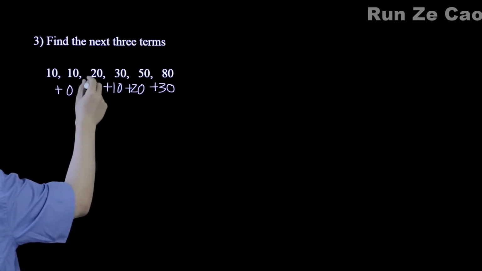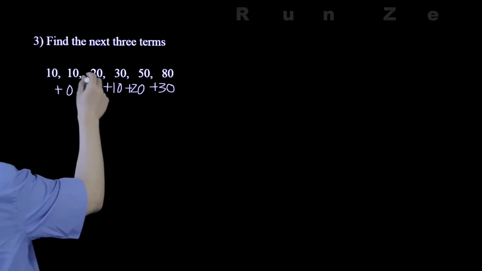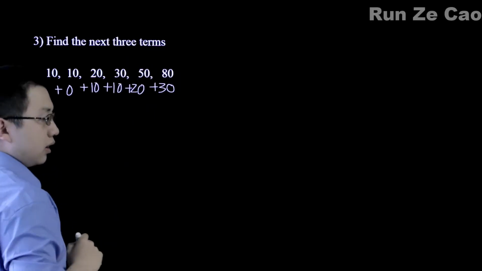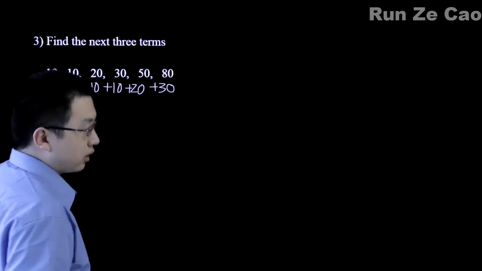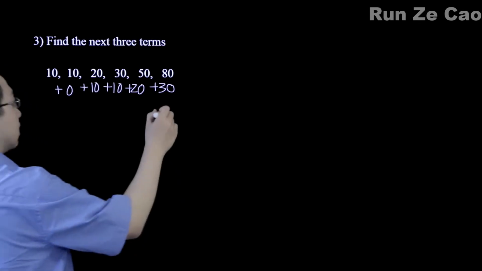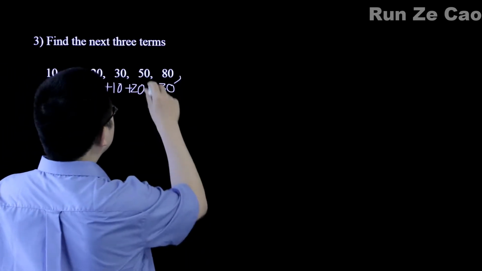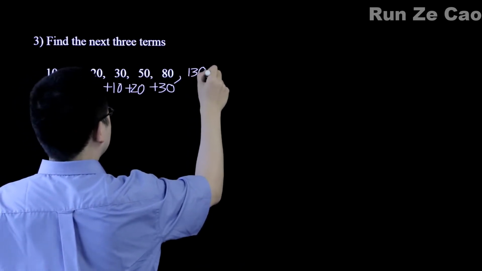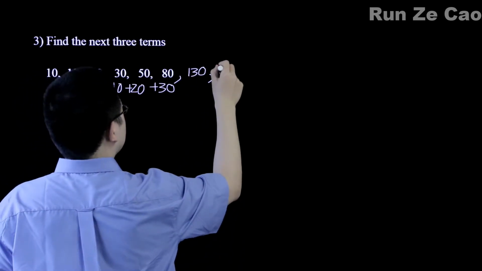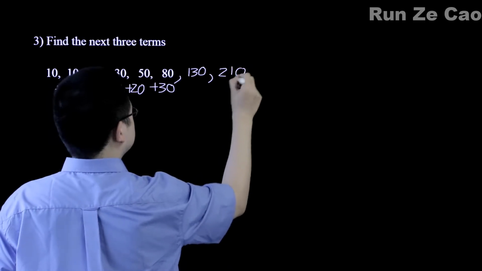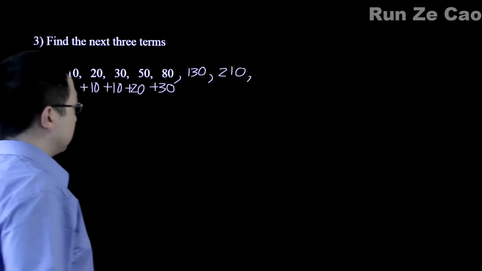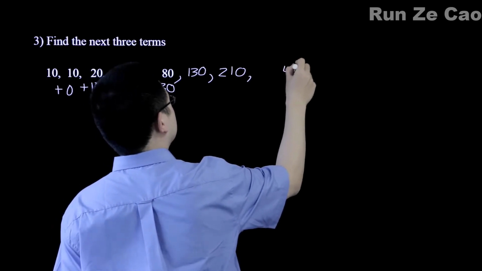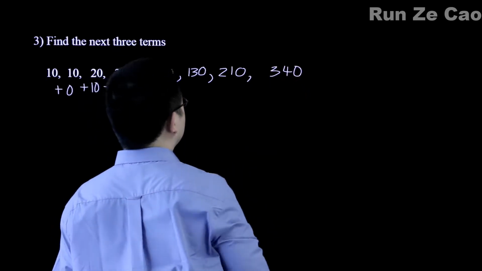So here, 20 to 30, you add 10 to 20 and you get 30. 20 plus 30 equals 50. 30 plus 50 equals 80. Okay, this is a Fibonacci sequence. So the next term would be 50 plus 80 is equal to 130. 80 plus 130 is equal to 210. 130 plus 210 is, well, 340.